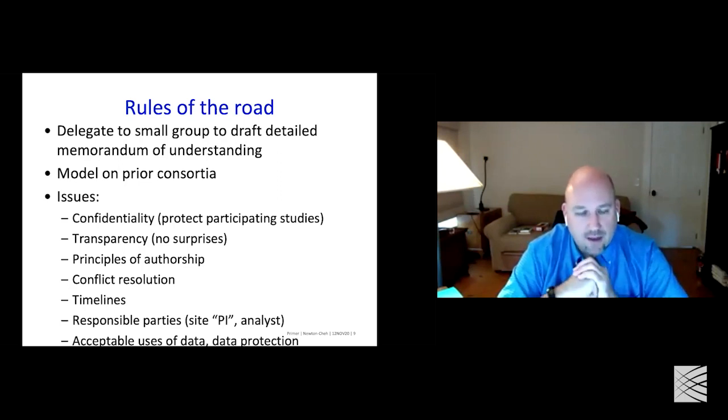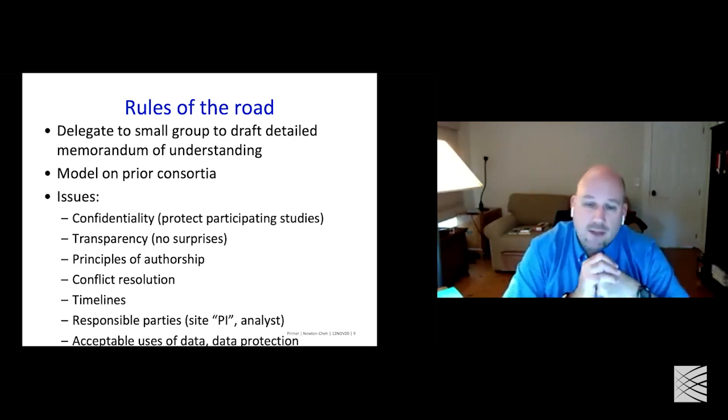So laying out the acceptable uses of data, whether it's usable prior to publication or only after publication, and what sorts of protection the consortium have. And if you think about it from the cohort perspective, they have to contribute a certain amount of effort.